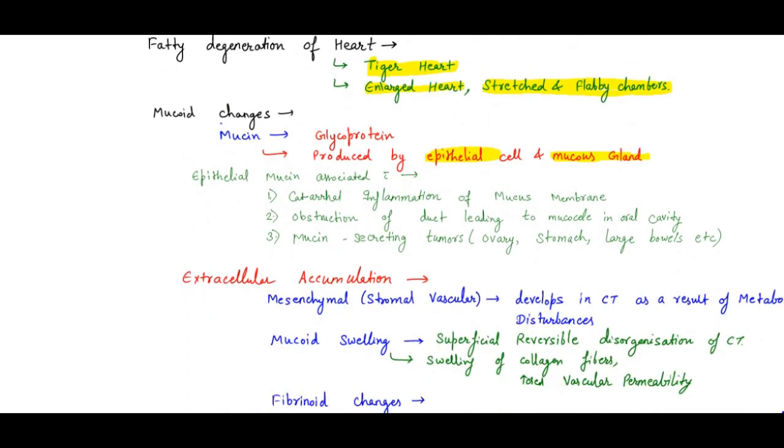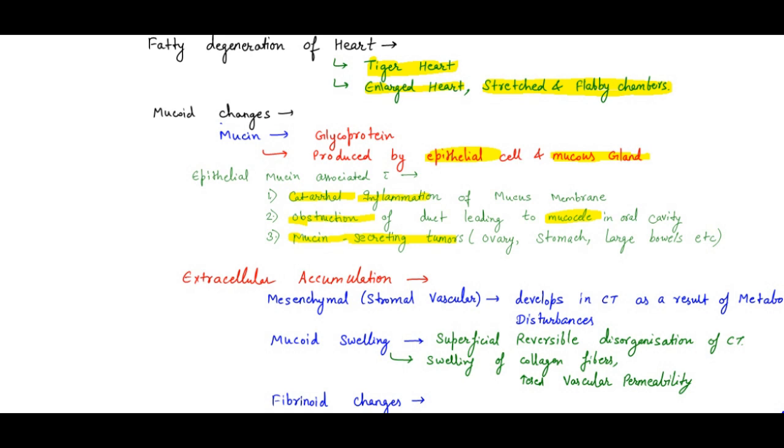Epithelial mucin is associated with catarrhal inflammation, obstruction of the duct leading to mucocele in the oral cavity, and mucin secreting tumors like ovary tumor, stomach tumor, large bowel. So these are the intracellular accumulations.